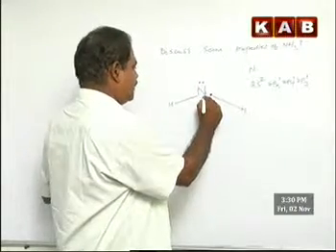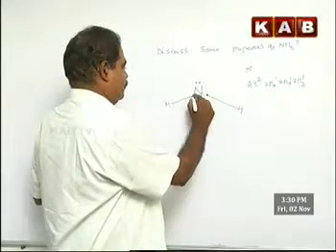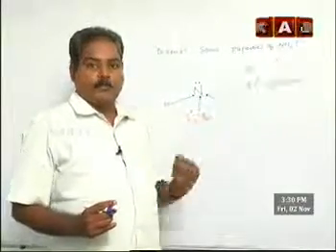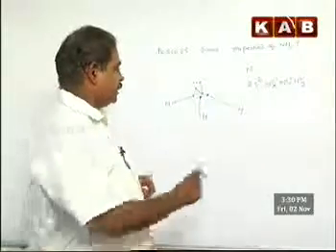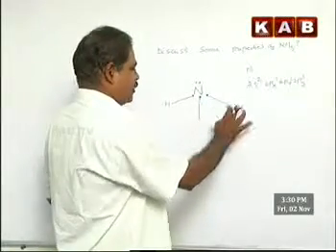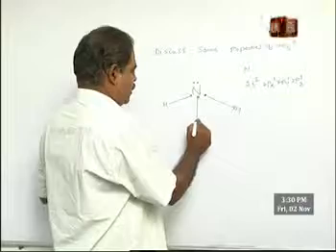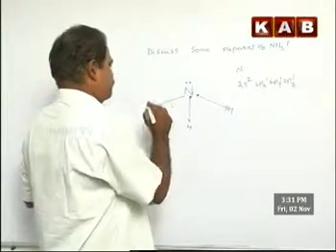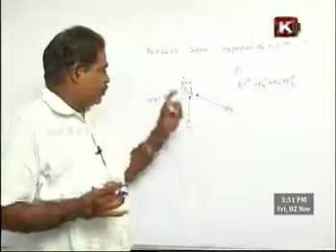Only these 3 electrons are used in bonding. Which 3 electrons? Only these 3 electrons are used in bonding. Actually, they are shared with hydrogen atoms. 1 electron each of hydrogen will participate in bonding. So, this is what you call ammonia.